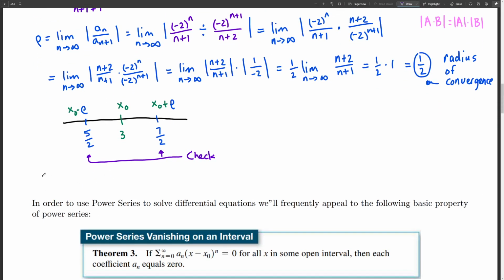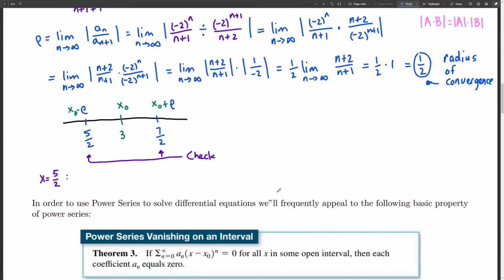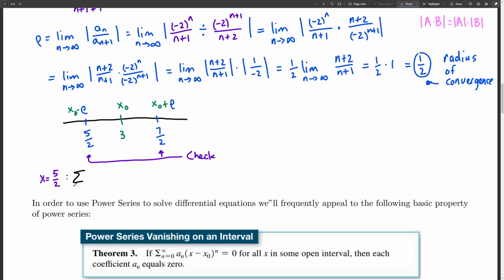So when we look at x equals 5 over 2, then what does our summation become? Our summation is the sum from n equals 0 to infinity of negative 2 to the power n over n plus 1 times x minus 3 to the power n.